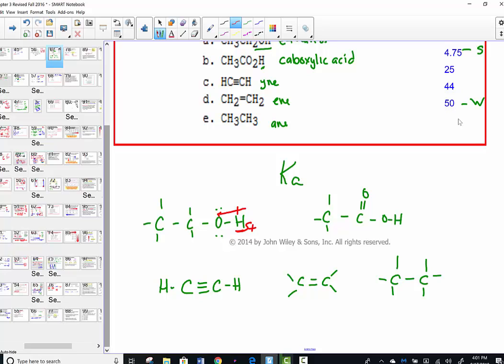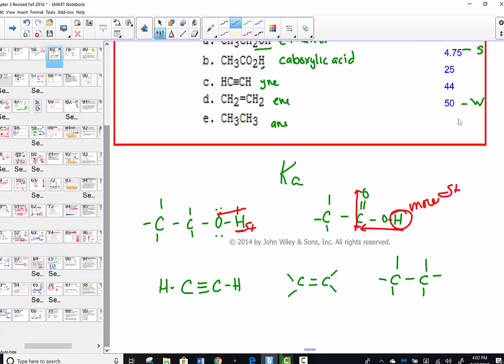However, when I compare that to the C that's attached now to another oxygen, the electron density is being pulled even further away from the acid proton, and I would say that this is even more positive.